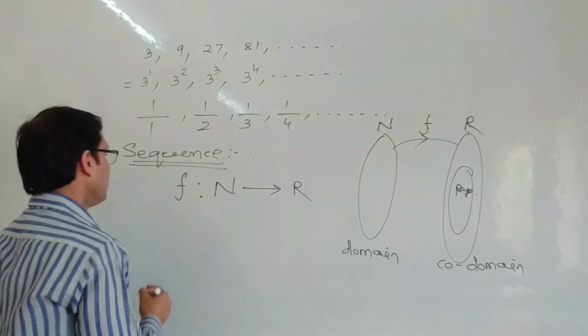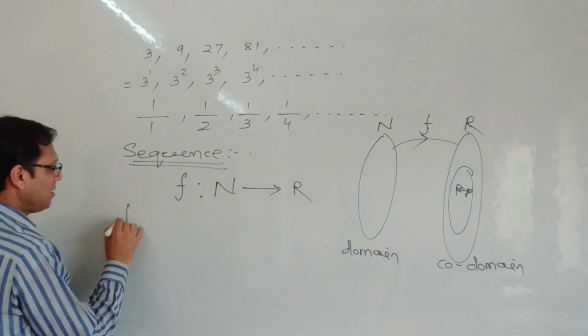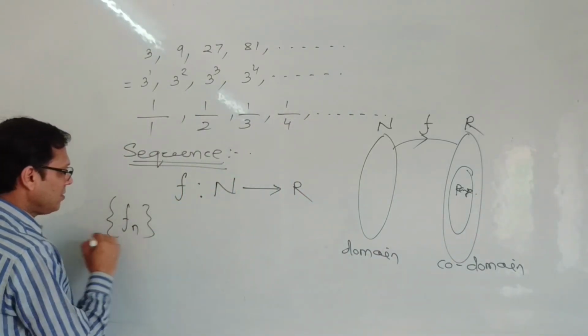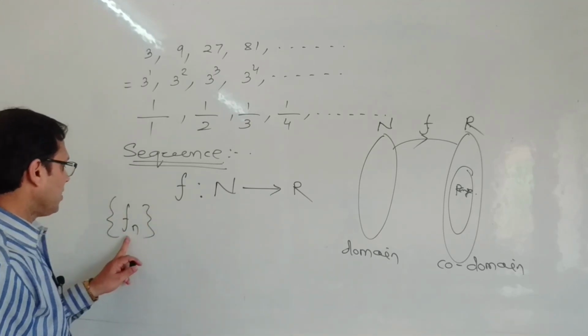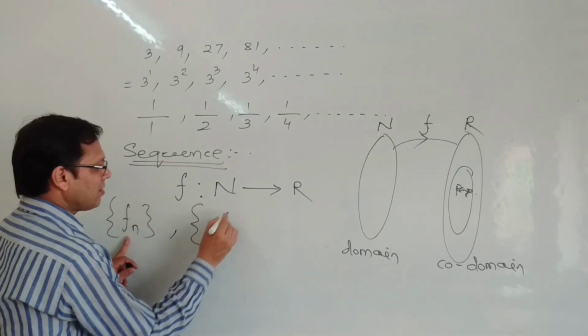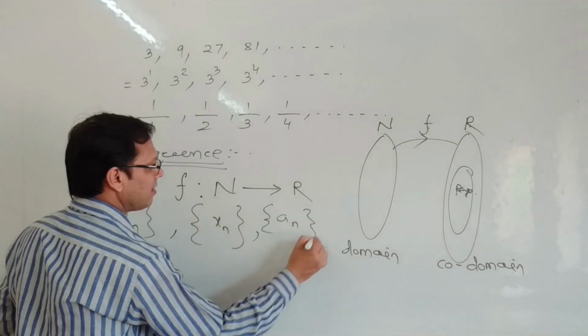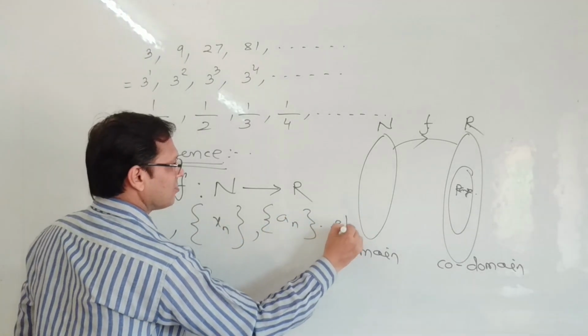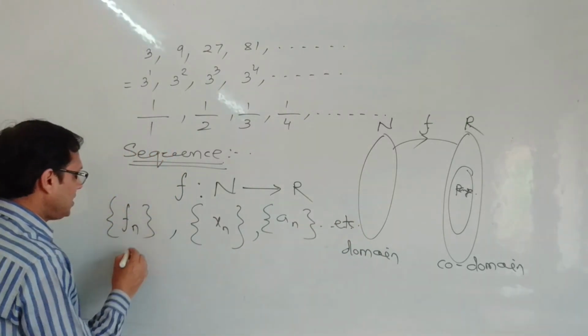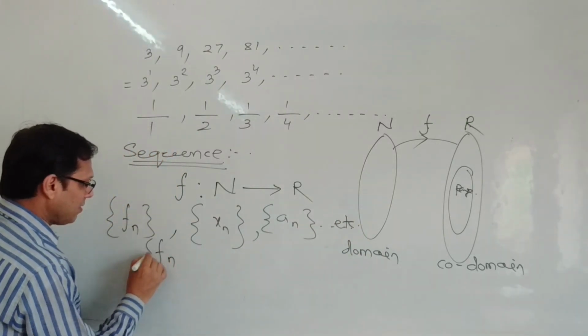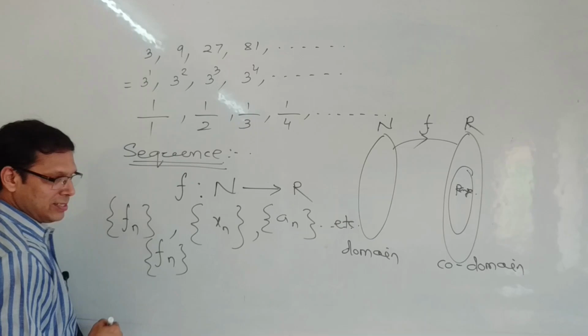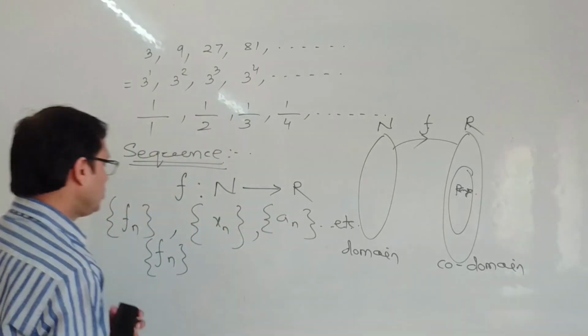Okay. Now the sequence is denoted by a symbol, that is, inside the curly bracket you can write fn, or xn, or an, and so on. So if we take the sequence fn, in which form can we write it?